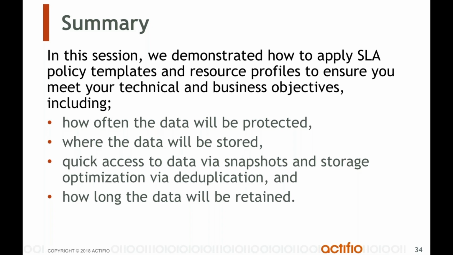A very traditional one would be to snap for 2 days, dedupe it for 14, and perhaps keep it at the remote site for 30 days. You have the option of setting these to determine how long you want to store it at each of these storage locations. What are your specific recovery point and recovery time objectives? And that's what you want to build your SLAs to do.